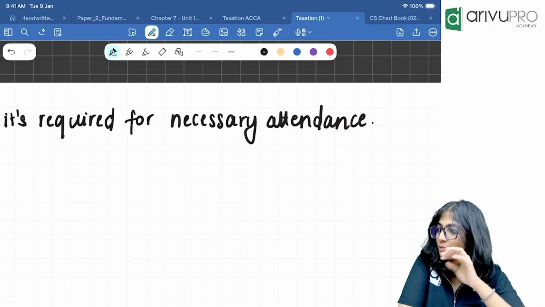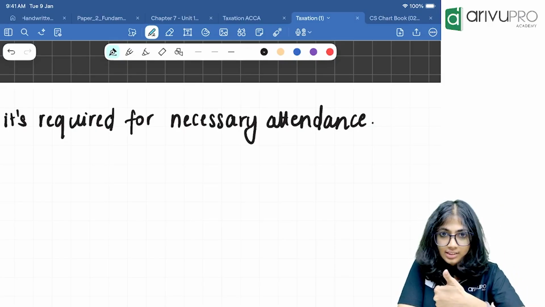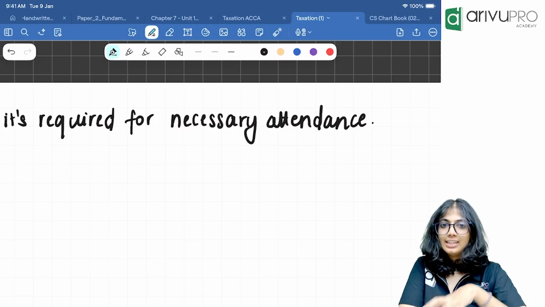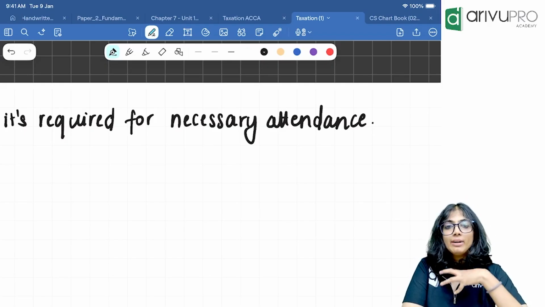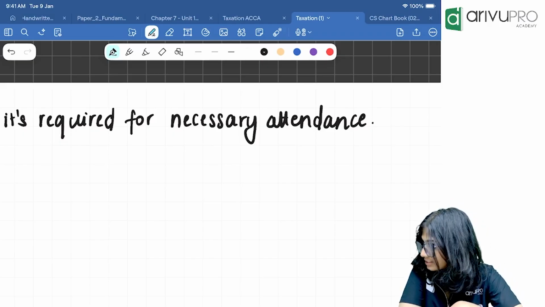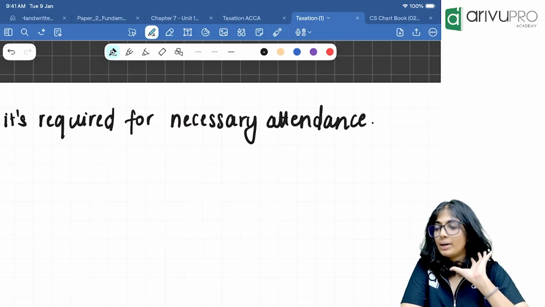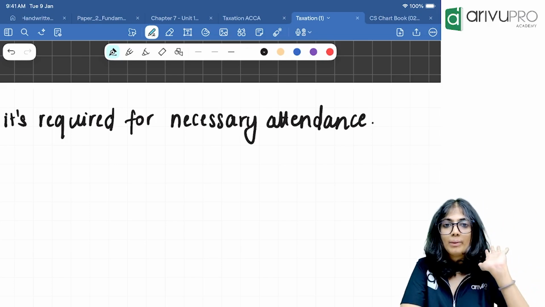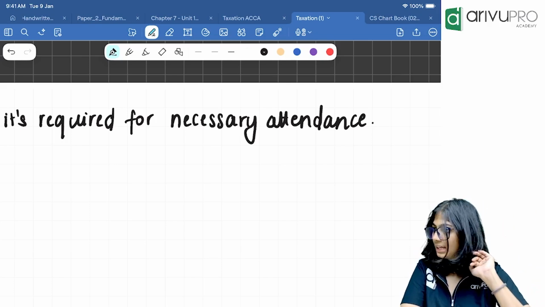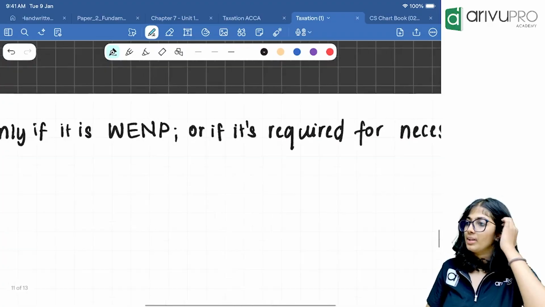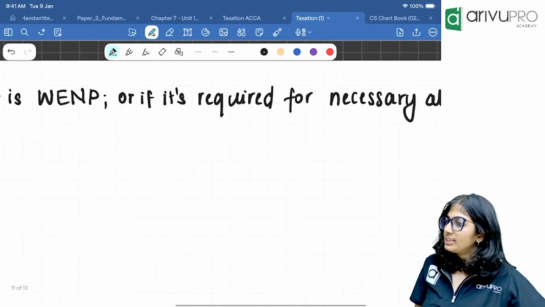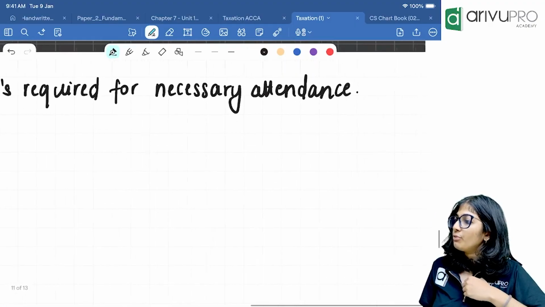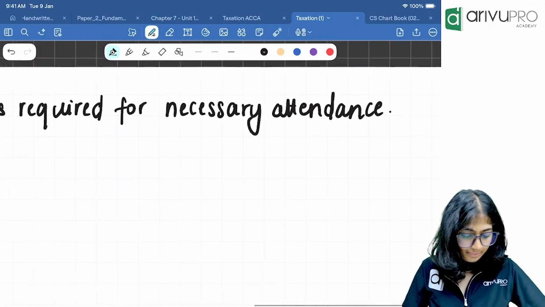If it's required for necessary attendance at a place, or it's required for performance of duties, all of this will come under travel expenses, and these travel expenses are an allowable deduction when calculating your employment income. So only if it's wholly, exclusively and necessarily in the performance of duties, or if it's required for necessary attendance.